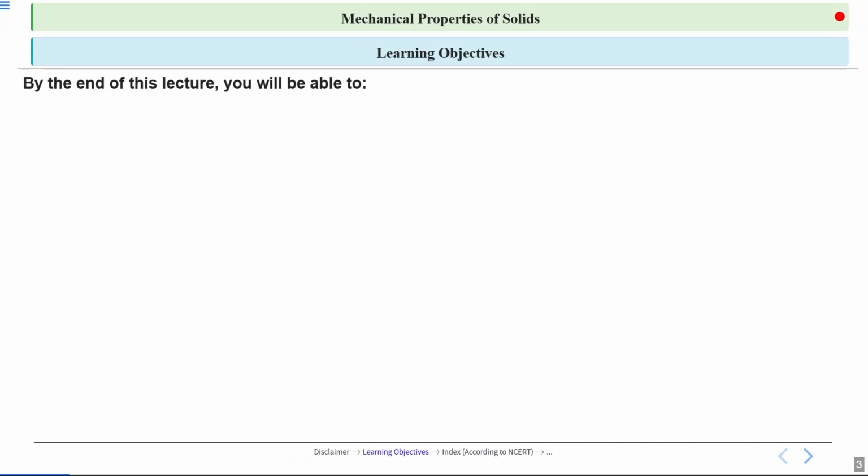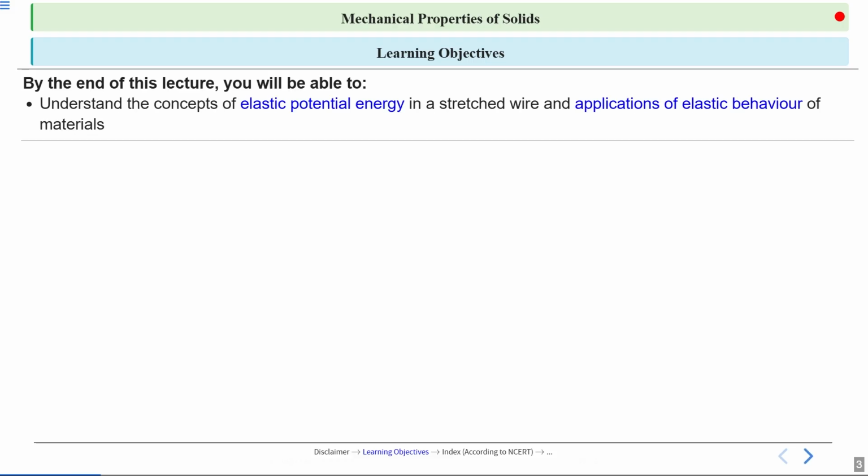Learning objectives. By the end of this lecture, you will be able to understand the concepts of elastic potential energy in a stretched wire and applications of elastic behavior of materials.